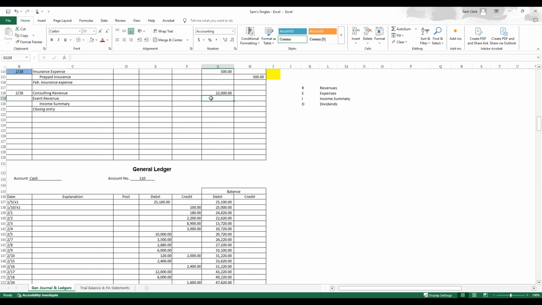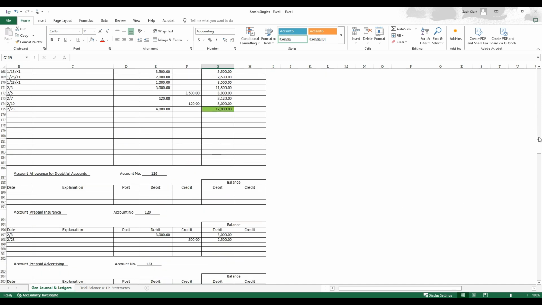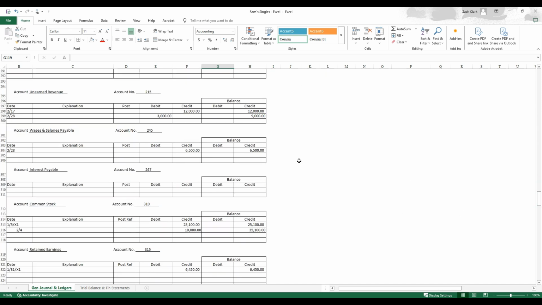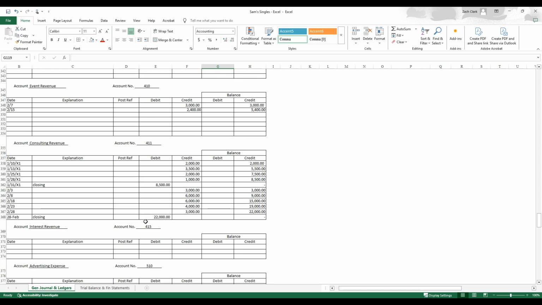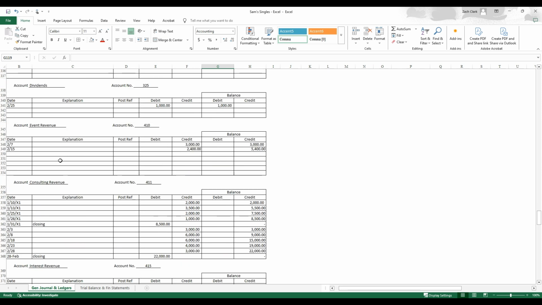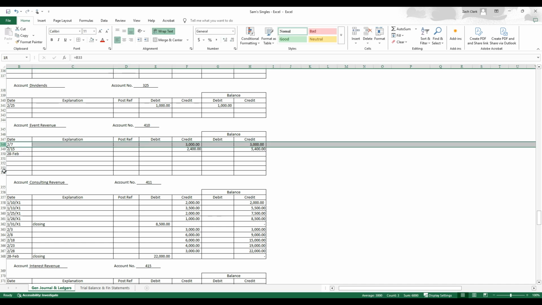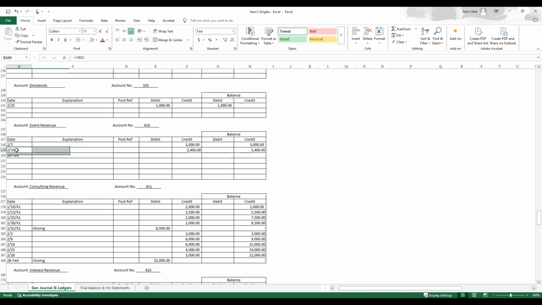And then we're going to do the same thing for event revenue. So let's see, what was our event revenue? Let's go to that account. Where's event revenue? Here it is. Oh, geez, that looks weird. Let's do that formatting right. So 5,400, a credit balance, we need to debit that for 5,400.